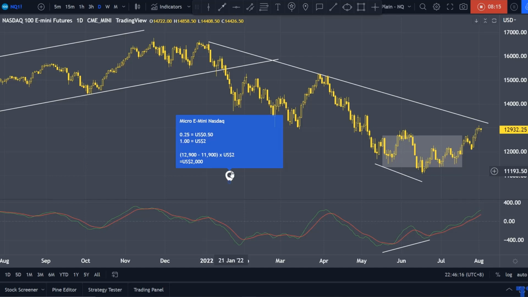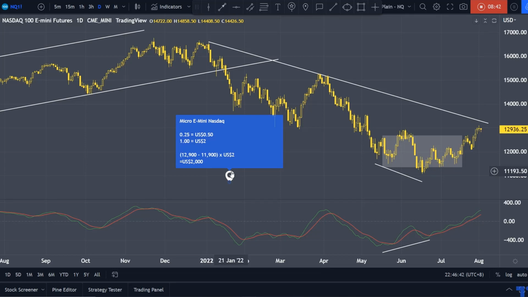Of course, the reverse is also true, but in this case, it's a profit in this demonstration. Current level is about 12,900 minus 11,900, say that is your entry, times 2 US dollars, and that's your gross profit or your net profit. I think the commission is negligible. So it's 2,000 US dollars. This is just a demonstration, but of course, on the flip side, the opposite is true as well.